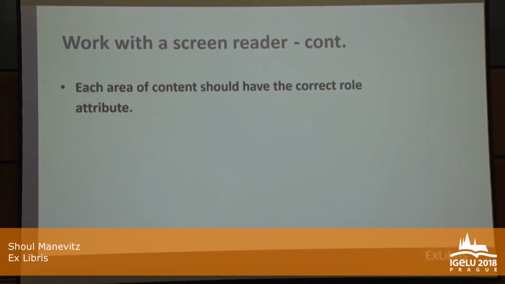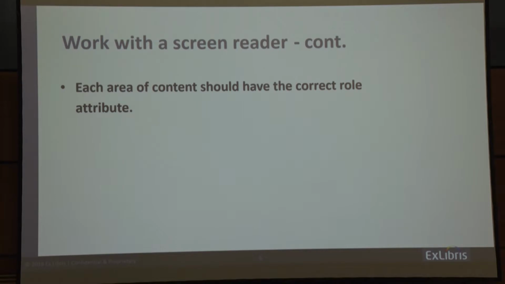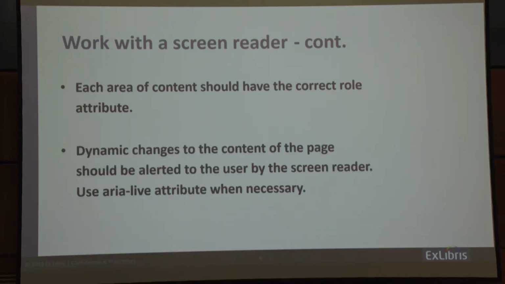Each area of content should have the correct role attribute, so if it's a list, we want the screen reader to know this thing is a list, so it can tell you, this is the first item out of 10 items or whatever. Another thing is, especially when you're using Angular or something like that with a single page application, a lot of the changes on the page are dynamic. We're not just using a static HTML page. So if we're pushing data to the user, we want to see that the screen reader is alerting him to those changes.